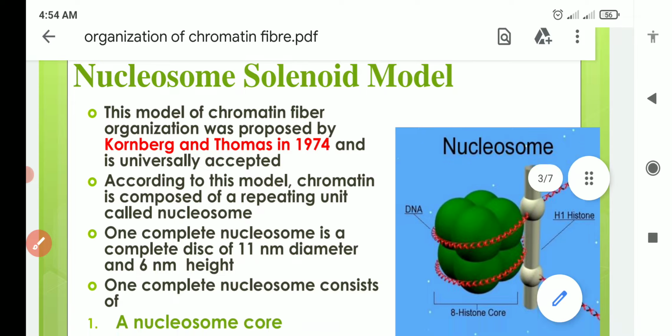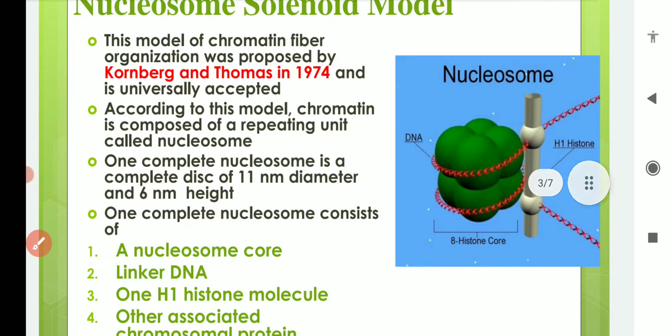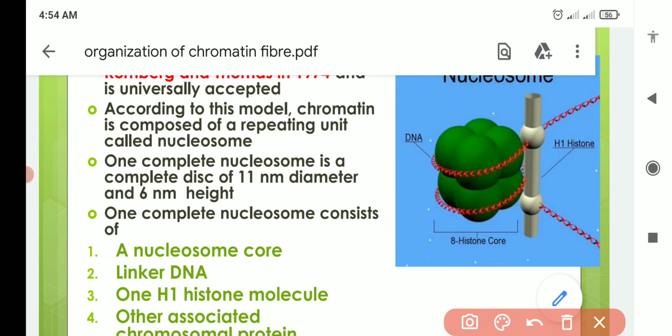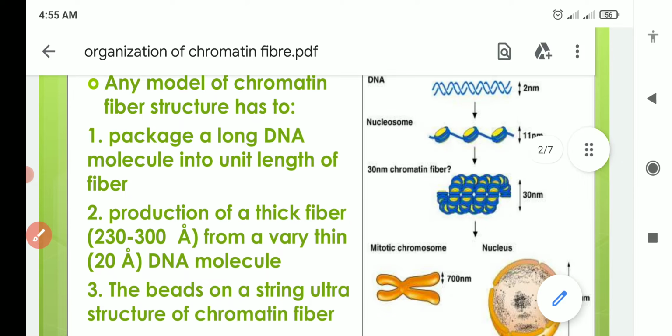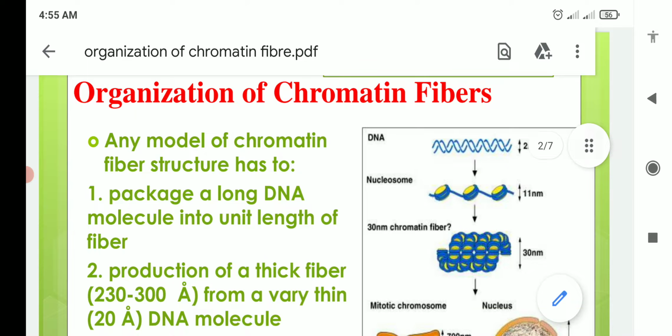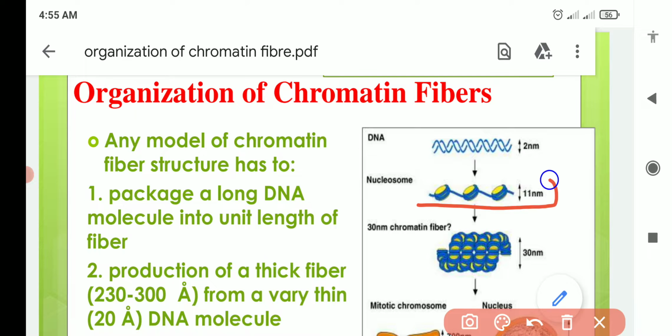It has several components, which we will discuss. They also describe that one complete nucleosome is a complete disc of 11 nanometer diameter and about 6 nanometer height. In the previous slide we have seen that this is approximately 11 nanometer in diameter.